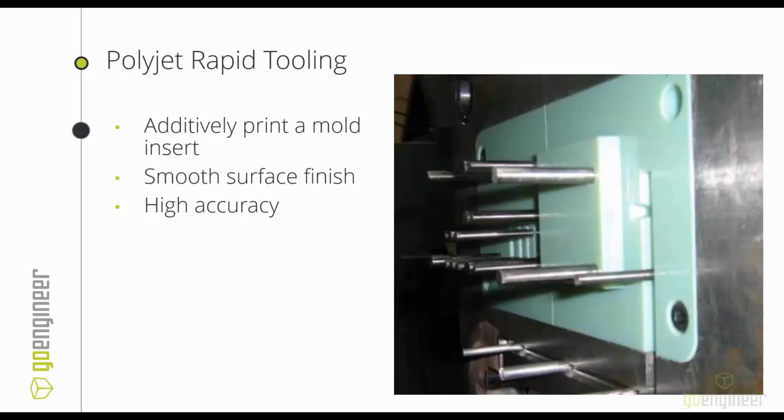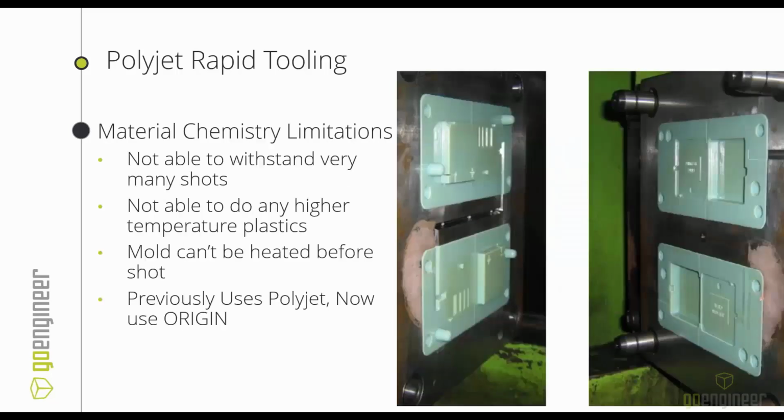For Stratasys, the PolyJet could make very smooth, high-quality parts that were great for this; you could print up the core and injection mold it. But the problem with that was there were chemistry limitations on the material itself. So they weren't super high temperature materials. We could get very smooth, high quality, high accuracy parts out of it, but we have very limited lifespans we could run on these.